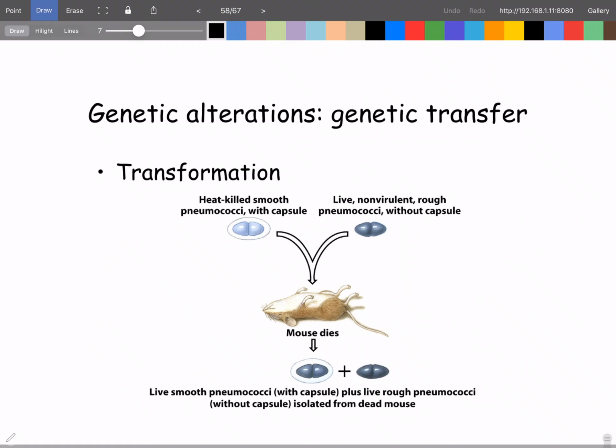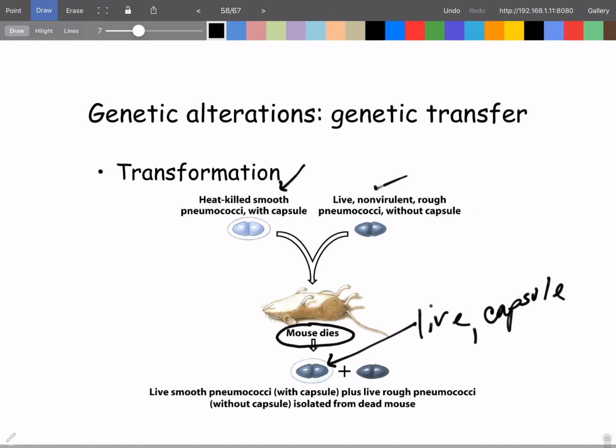When he mixed the heat-killed bacteria with the live but non-capsulated bacteria, what he observed was that his mice didn't make it to challenge, they died. And he was able to recover bacteria that didn't look like either one of these. They were live, and they had capsule. So Griffith proposed that they were somehow transformed.